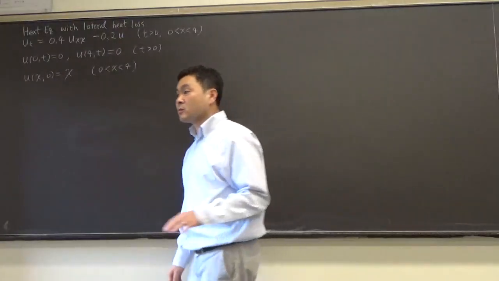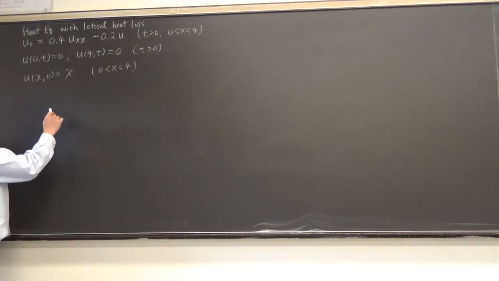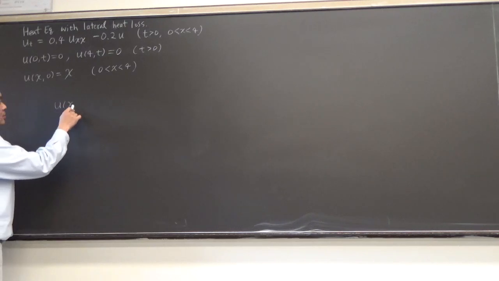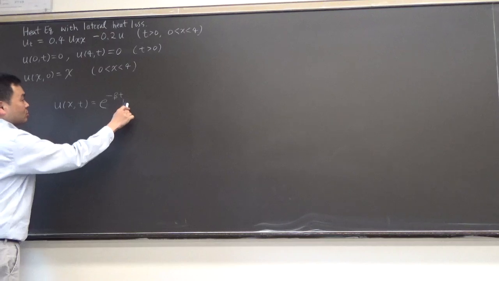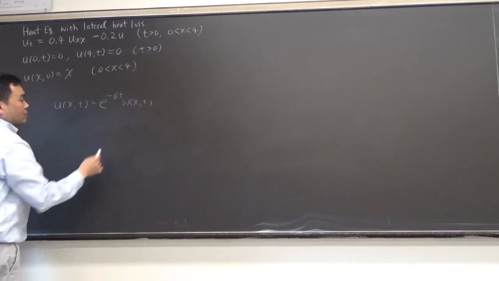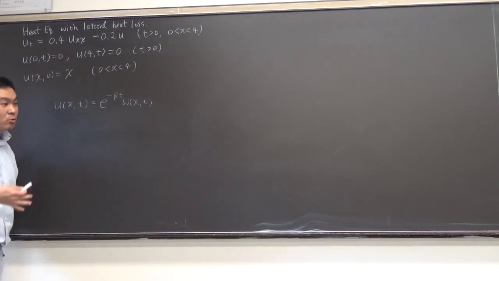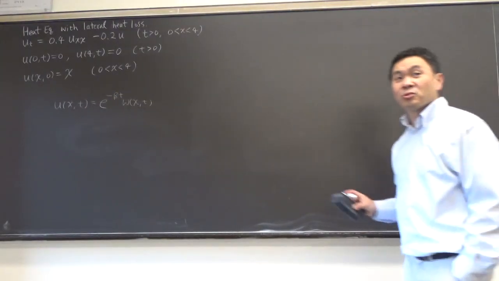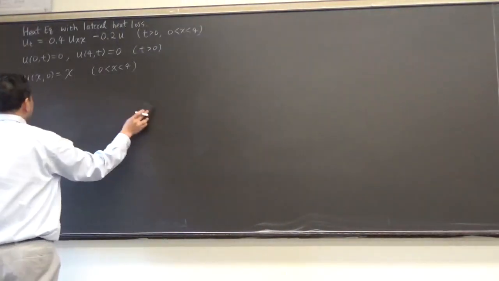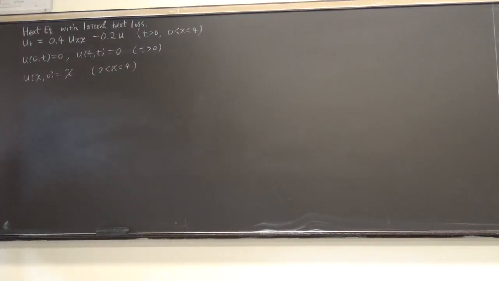Now in your homework problem, you'll try to work out that if you do the change of variables, say u(x,t) equals e to the negative beta t times w(x,t), then this basically transforms the problem into the usual heat equation. But that's for you to try out. I'll just try to use the regular separation of variables to solve this, all right?